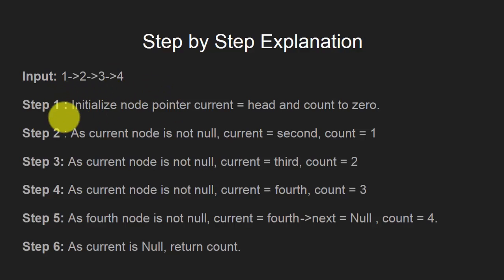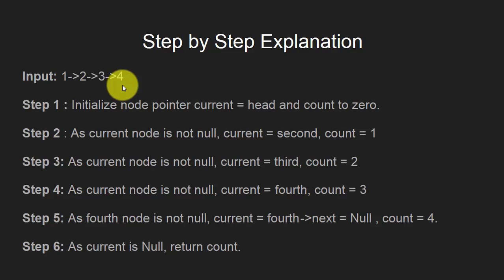Again, this node is not null, so we will change the pointer to point to the fourth node and the value of count becomes 3. Now we are at the last node. As this node is not null, the value of count will again be incremented by 1.